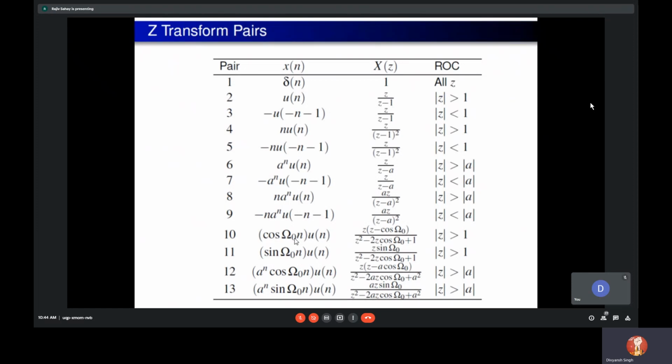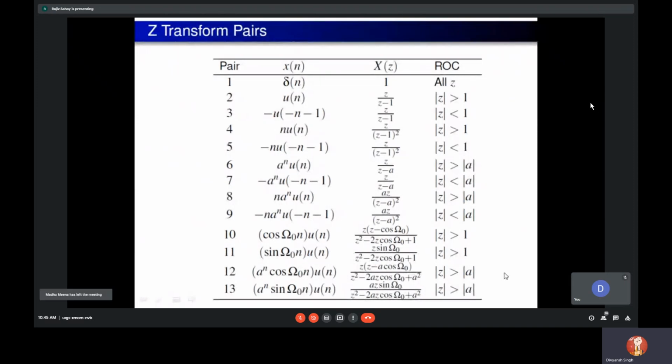Similarly, for sine omega naught n, you can use the formula 1 by 2j times e to the power j omega naught n minus e to the power minus j omega naught n. By using this, you can derive these two expressions, and these are just the general forms of the two expressions.